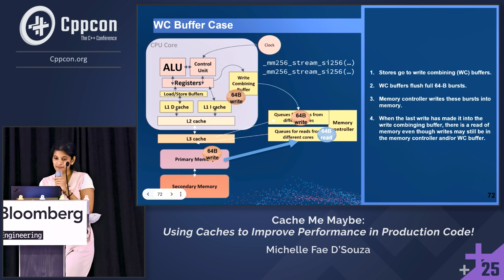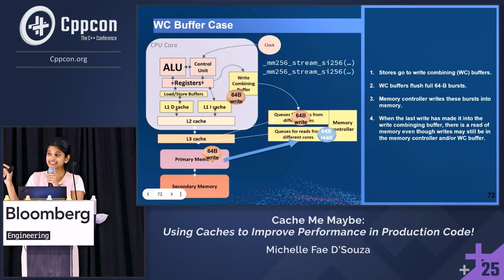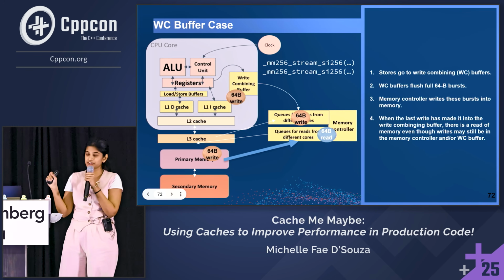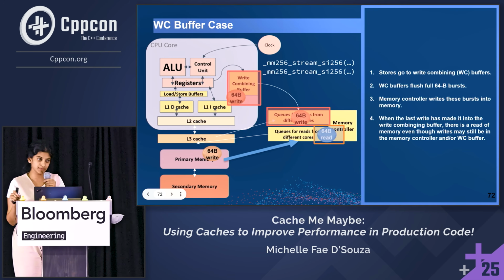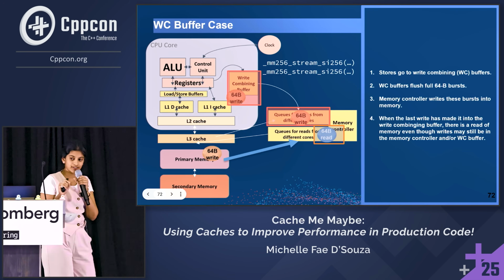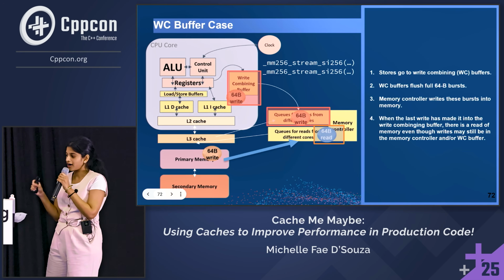So here's what actually happens. This is a quick screenshot from the animation you saw earlier. And notice how we have our 64-byte read, which originated from our primary memory.